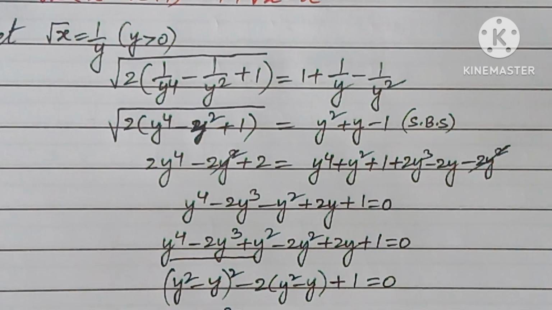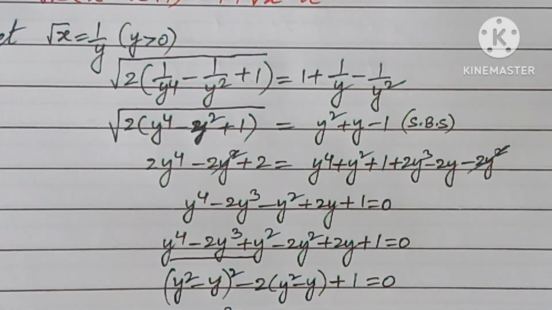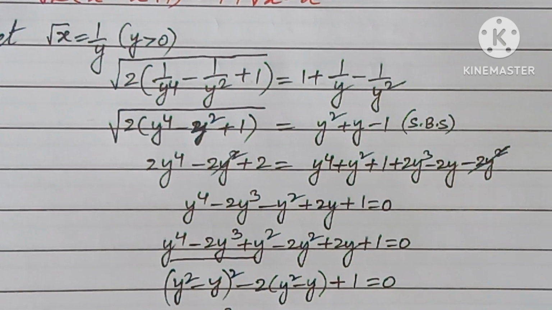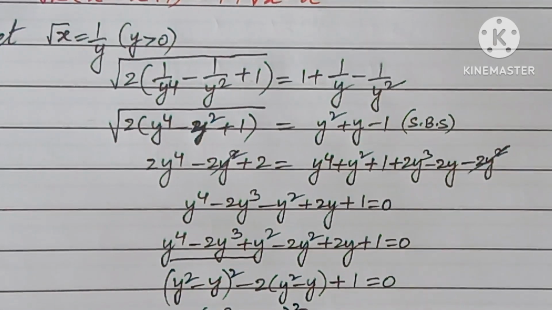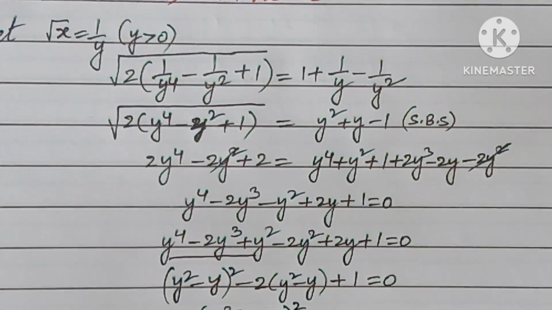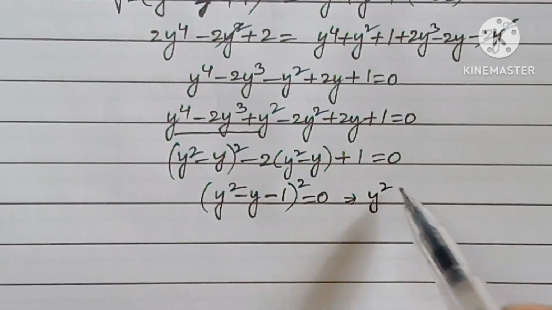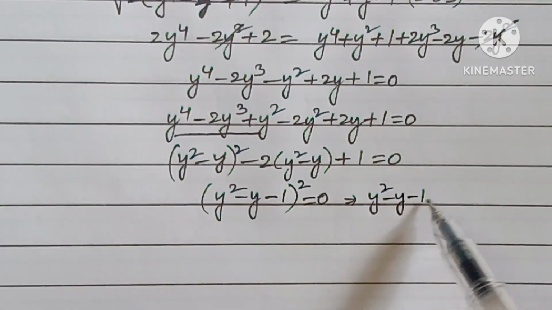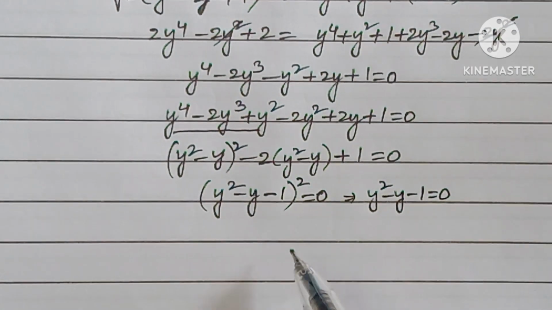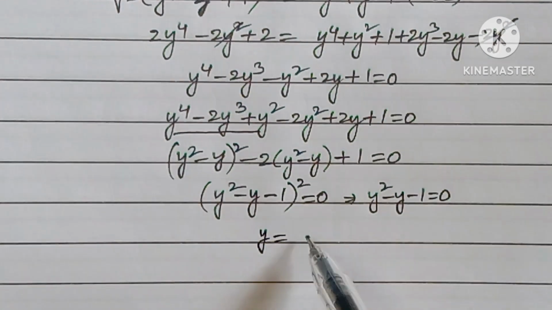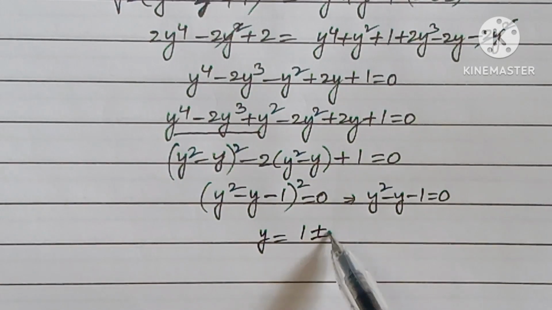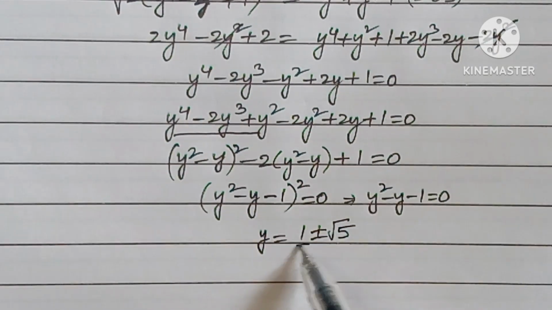So this can be written as y square minus y minus 1 whole square equal to 0. That implies y square minus y minus 1 equal to 0. Now y is equal to 1 plus or minus root 5 by 2.